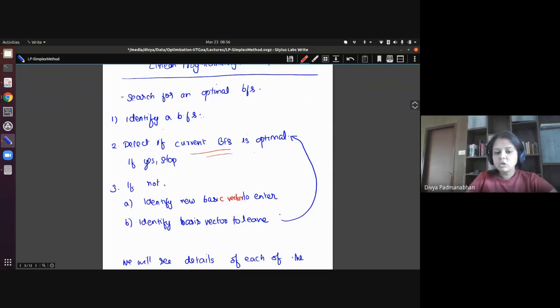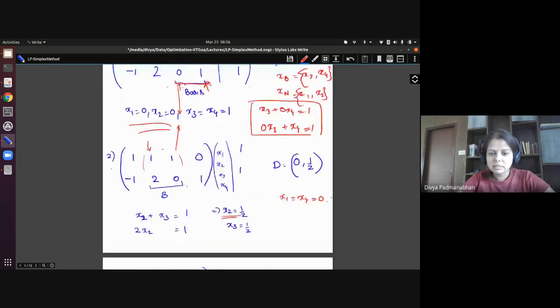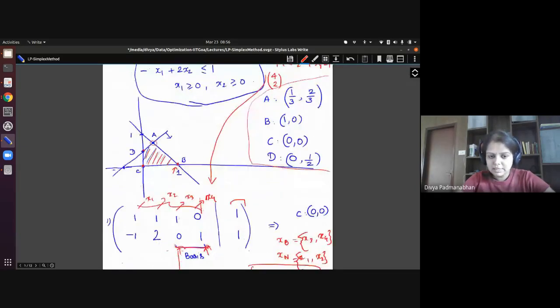You keep doing this, and this is going to give you a new BFS. Then you see if this BFS is optimal. If yes, you stop, and again, if not, you try to move to another vertex. So in this setup, maybe you start with C, and then maybe the next step you find that it's most beneficial to go to D, and so you try to construct this vector D, and after that you see that you're still not optimal, then you try to go to A.